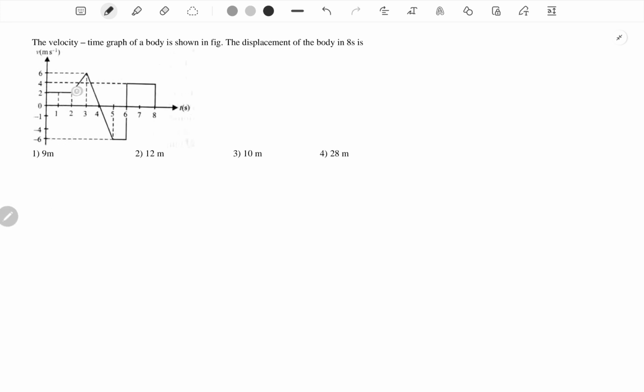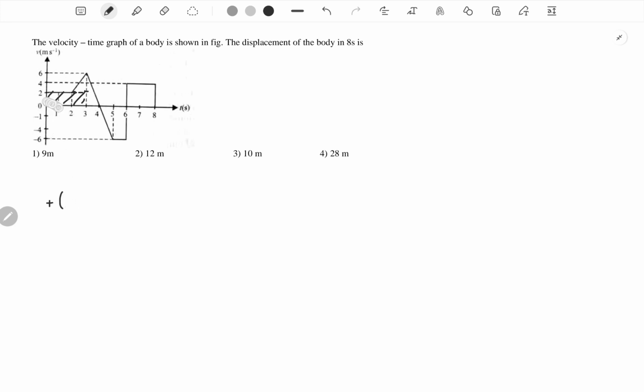To find the area, let me draw a line like this. First, let's focus on this area. This area is basically a rectangle, and its area we will consider positive.